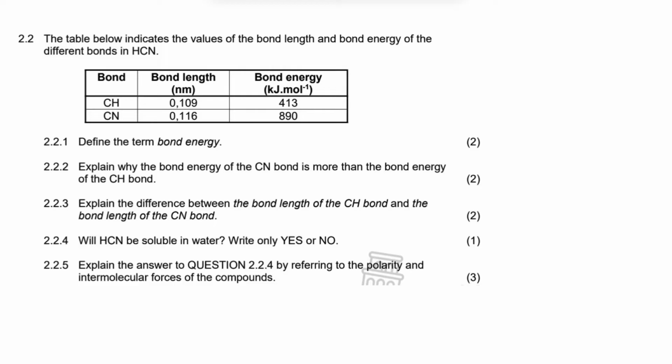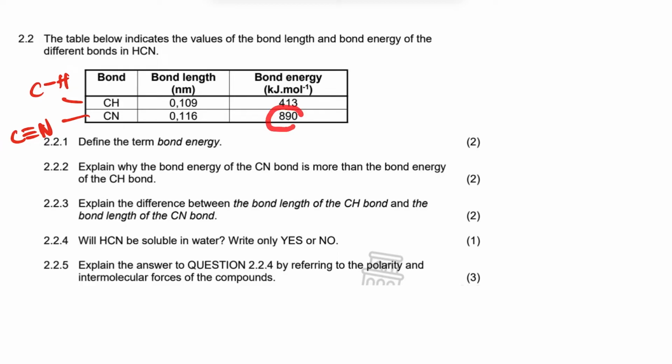Let me draw it here. So this is going to be C and H, and this one is going to be C and the triple bond. And if you see here, the bond length here, it's 0.107, and then the bond length here, it's that, right? And then the bond energy.